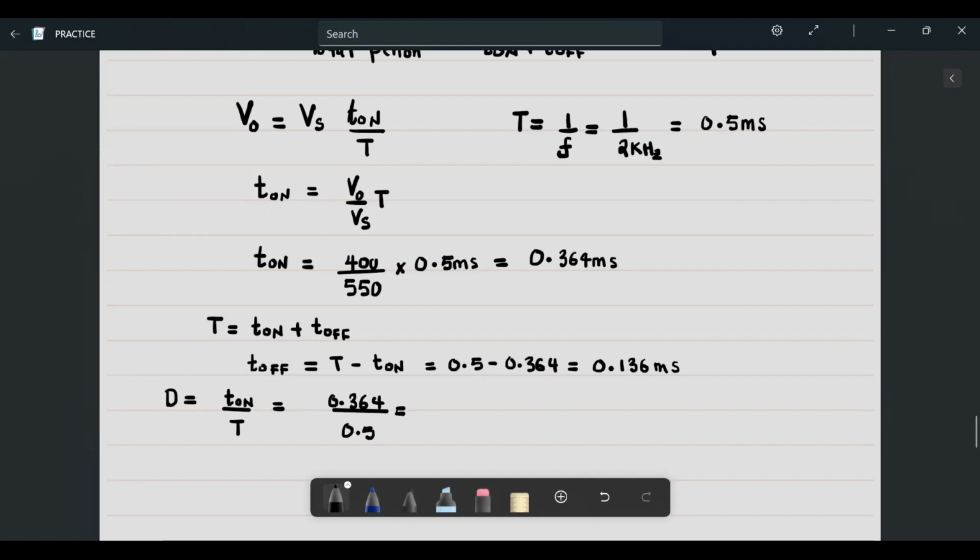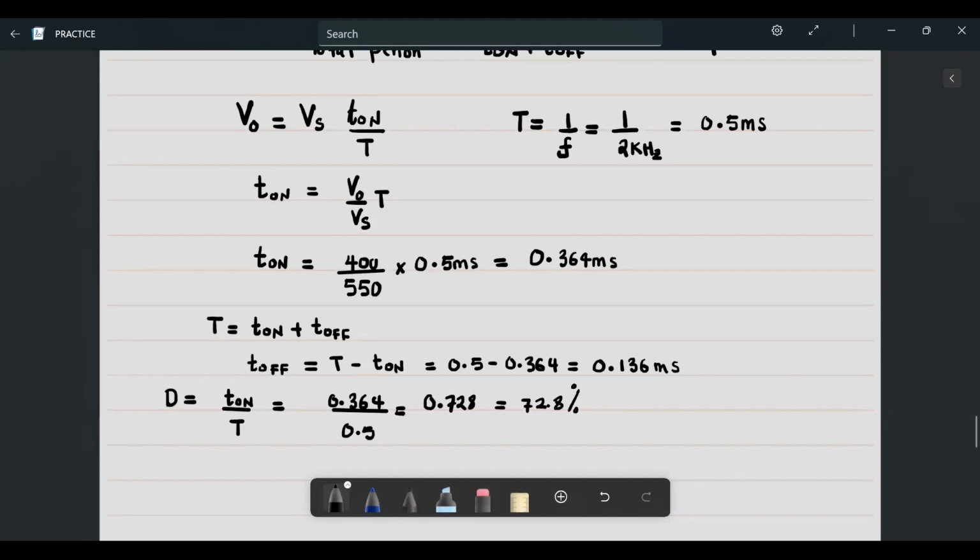So you have 0.364 divided by 0.5, so 0.728. Or in simpler terms, this is 72.8%. This means it was on for 72.8% of the time period.